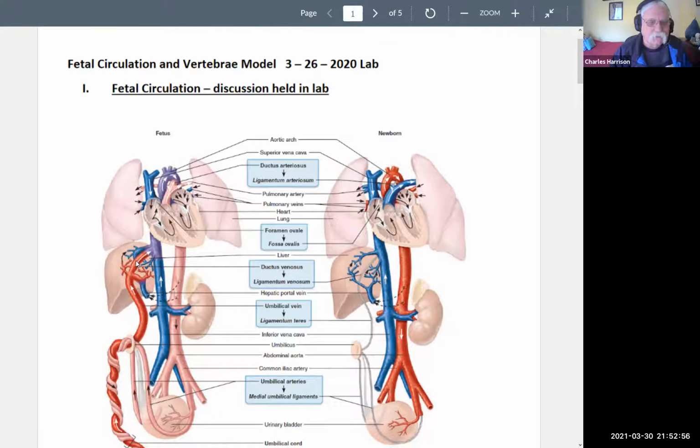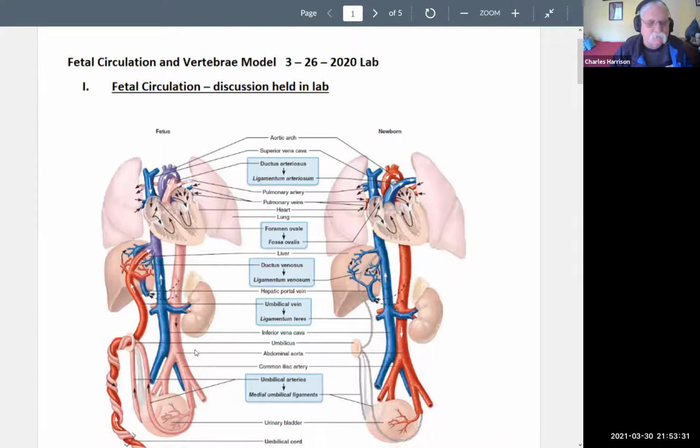And the ductus venosus down here collapses and becomes the ligamentum venosum, which is essentially a shriveled up piece of scar tissue. The umbilical artery and vein are lost. The umbilical cord is lost.